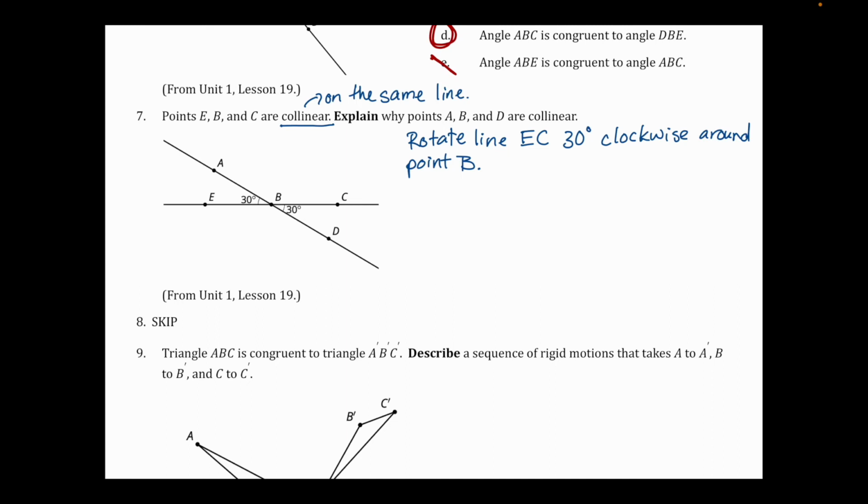Now, because we know the points are collinear, based on this construction here, that is going to take ray BE onto ray BA. BE is mapped, this is a ray, to ray BA.